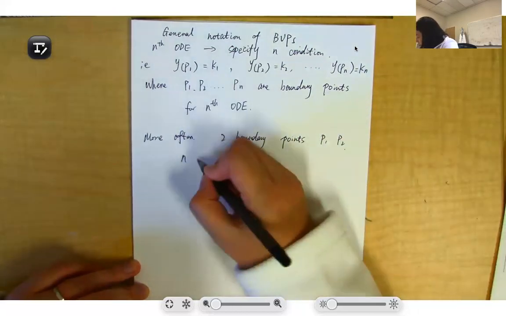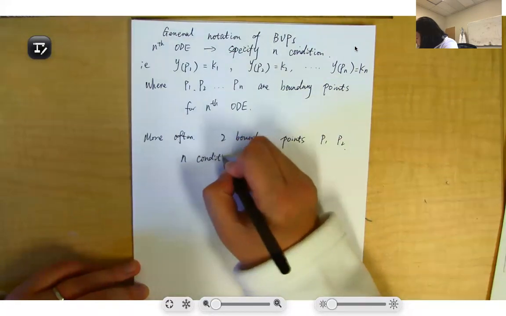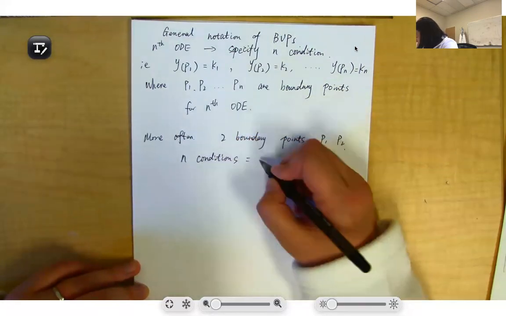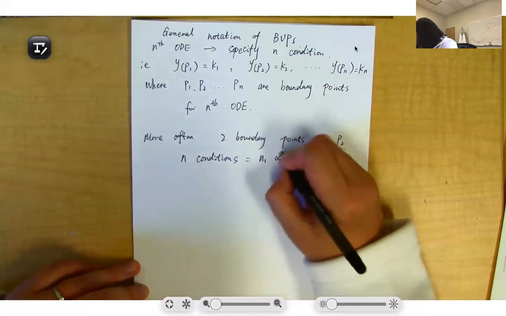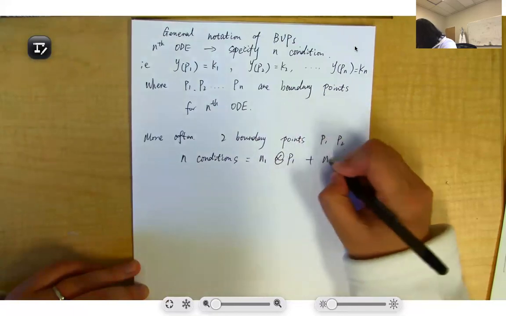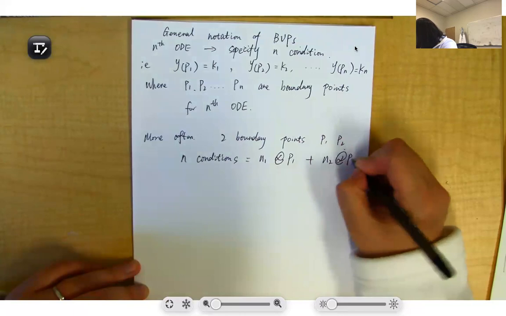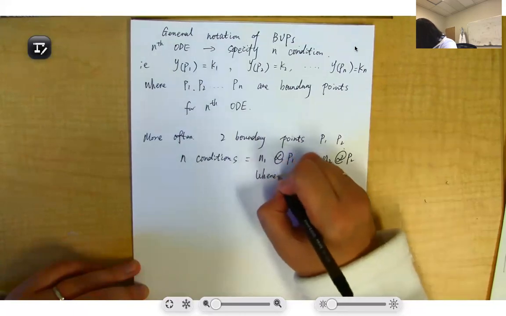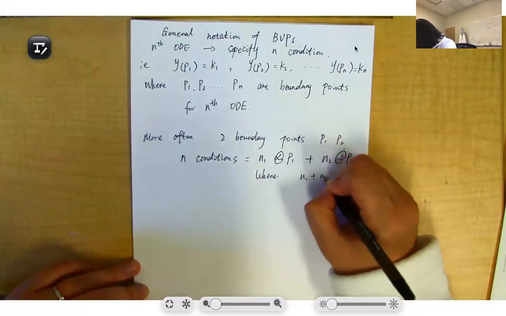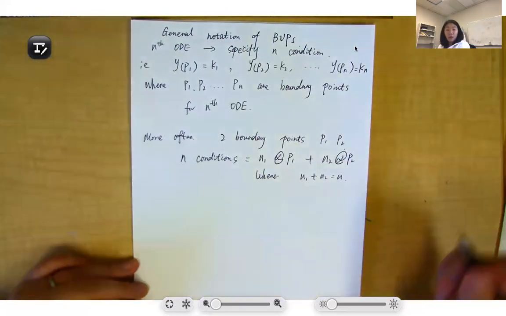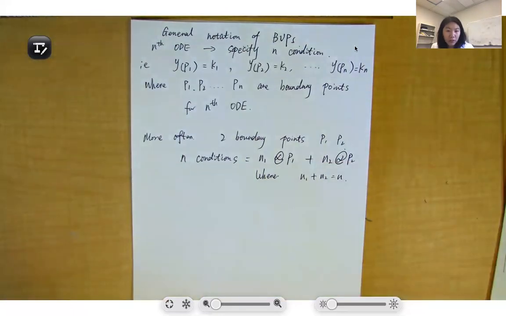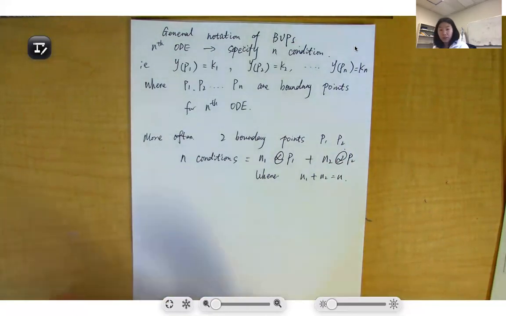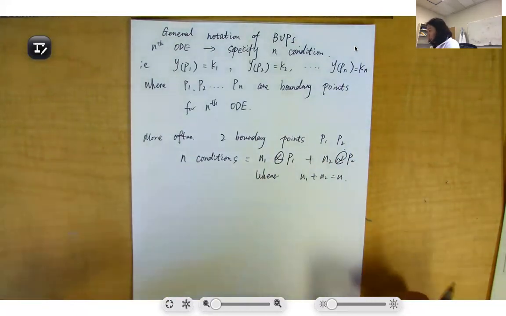So the n conditions come from n1 conditions at P1 and n2 conditions at P2, where n1 plus n2 equals n. So in total, you need to offer n conditions through 2 different points. And that is usually the case for our boundary value problem.